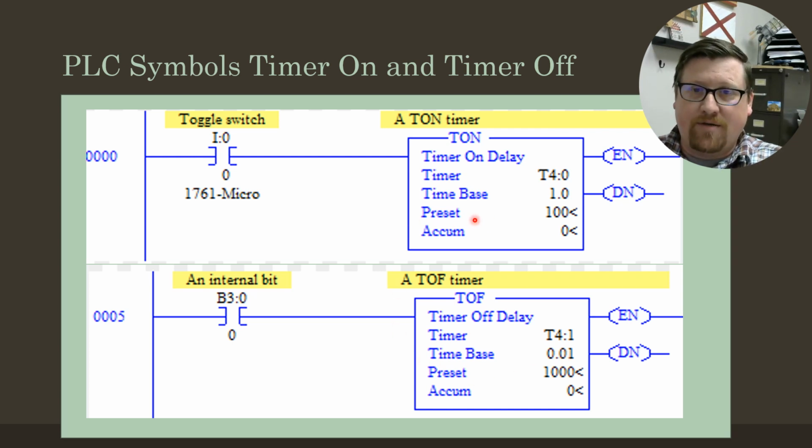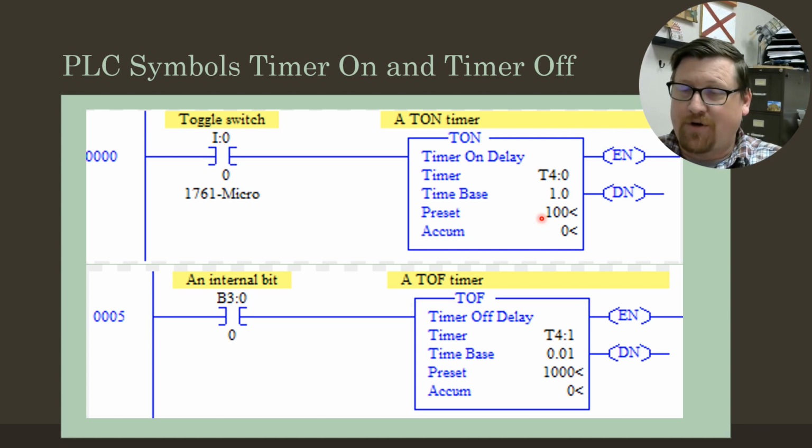The preset, right? That's our time base. We're either going to be in ones or thousandths of a second, or even smaller increments. Our preset is what we set that timer for. So in this case, this timer is counting to 100 seconds, counting by ones. Once it is done, one of 3 bits is going to come on.